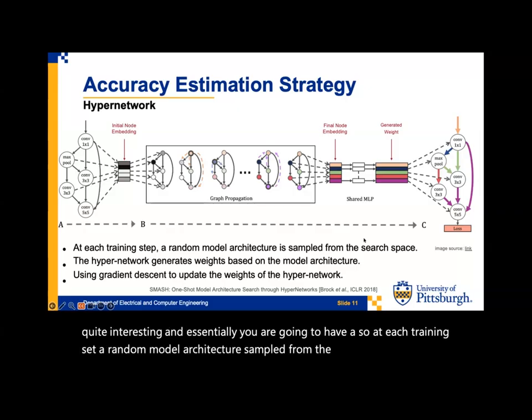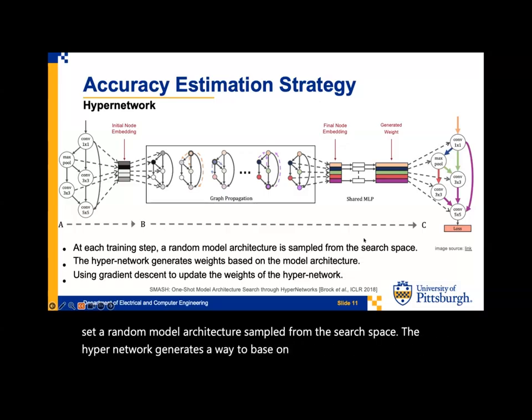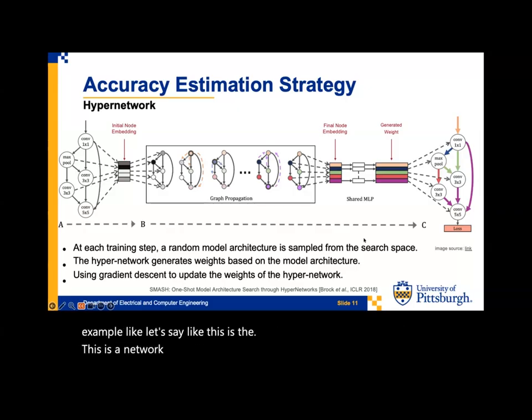The hypernetwork generates the weights based on the model architecture. So for example, let's say this is a network, and you encode the network's nodes with a certain embedding method.